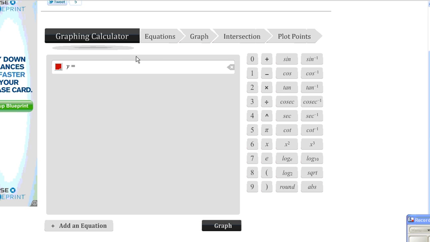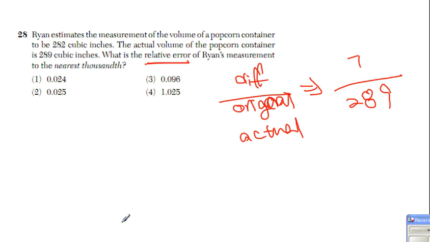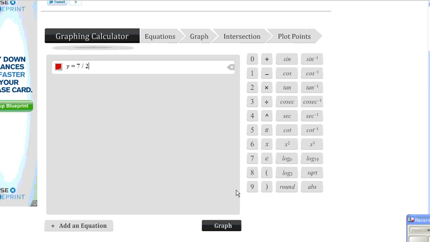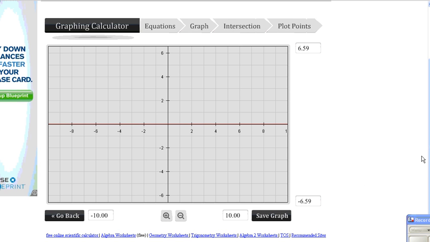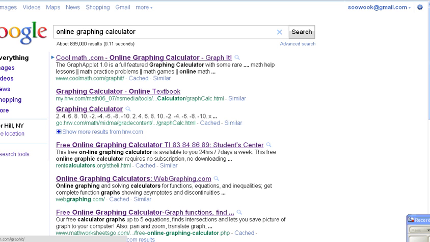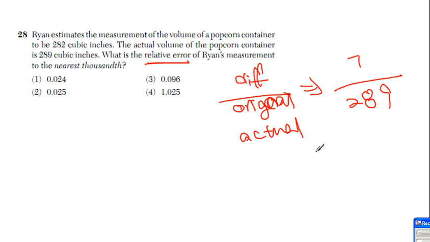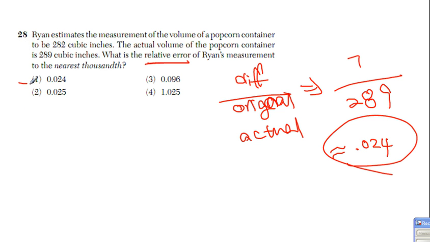Divided by 289. As you continue, this becomes about 0.024. That becomes our answer, choice number 1.